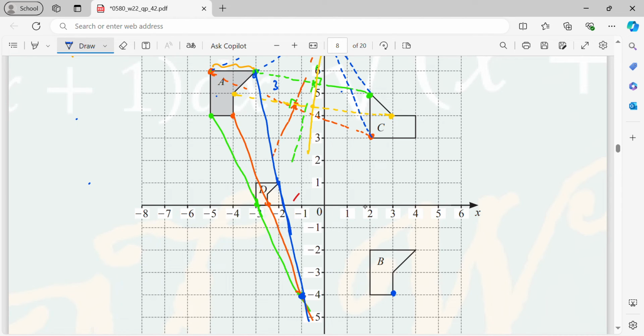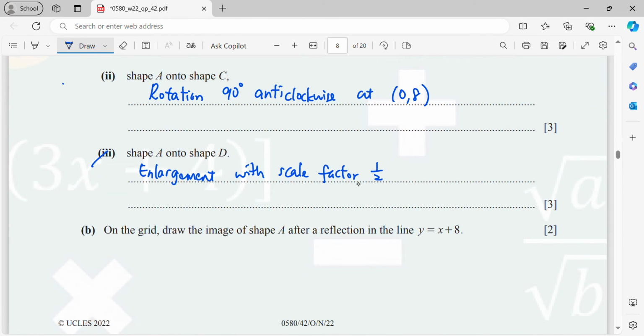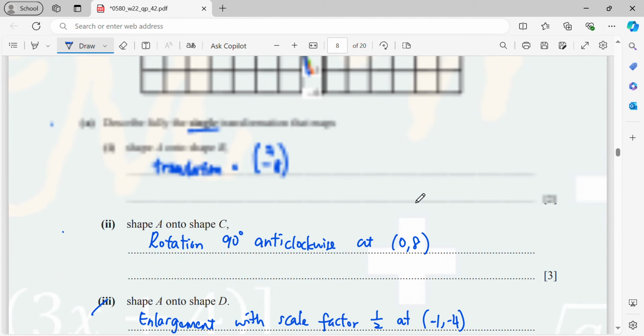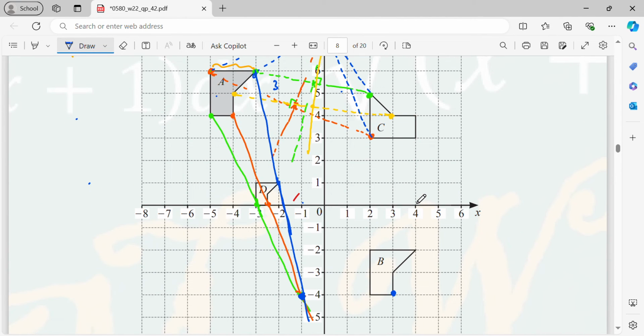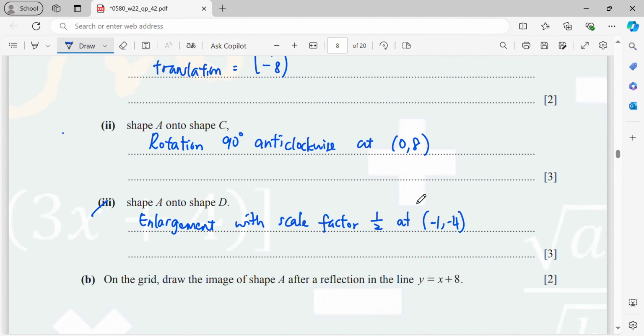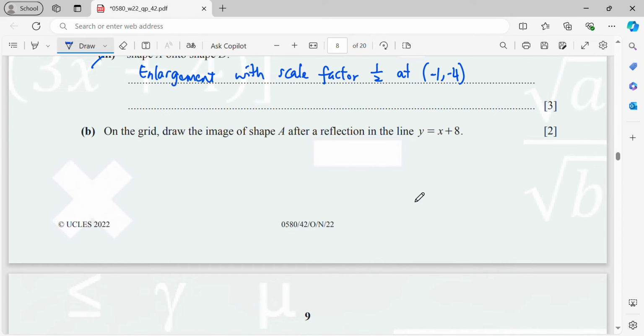So these 3 lines will intersect at -1, -4, and this is our center of enlargement. So that will be the solution of all these single transformations. Alright, so done for the A.